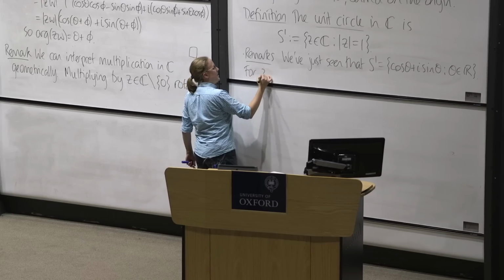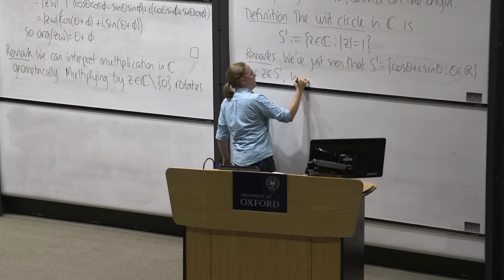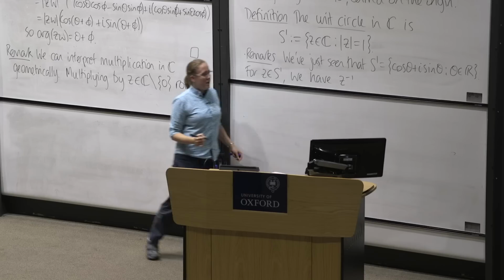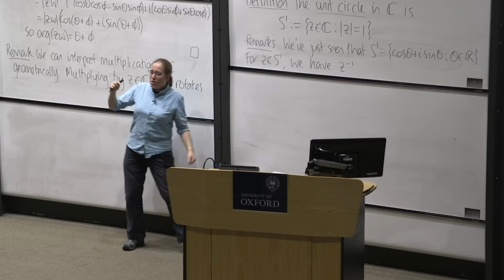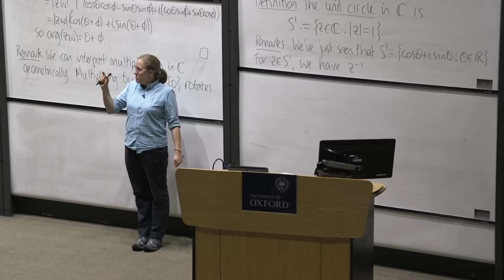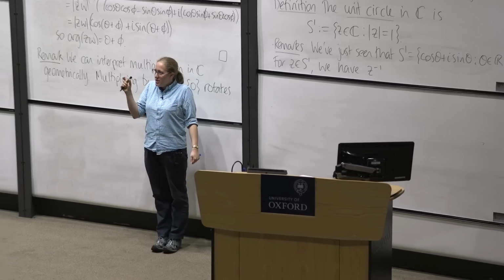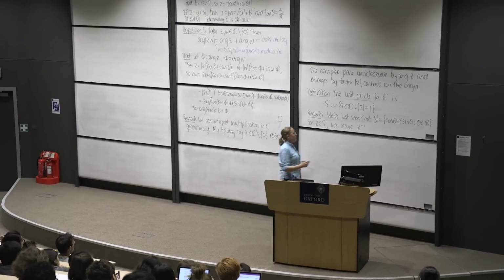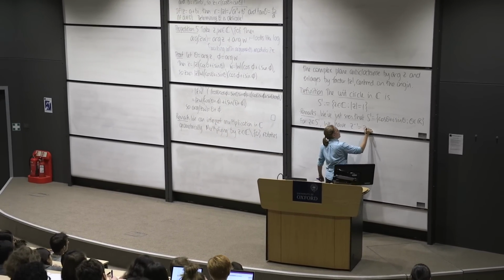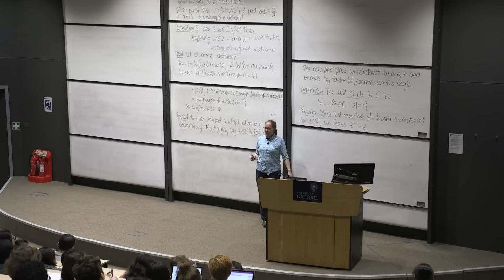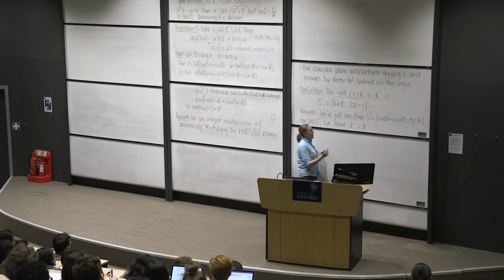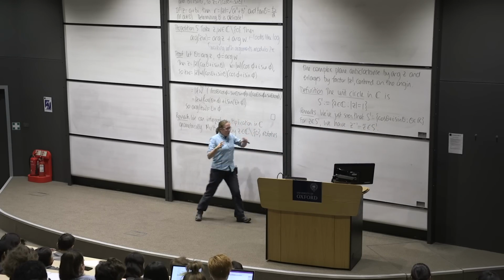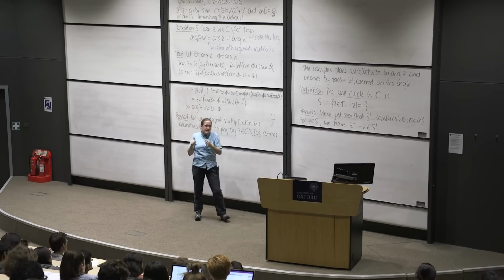So if I take z in S1, what is the inverse of z? Well, we know that z times z bar is the modulus of z squared. If you're in the unit circle, the modulus of z squared is 1, so z times z bar is 1 in this case. So the inverse of z is its complex conjugate. Cute, also useful. And this is also going to lie in the unit circle. So the unit circle has all sorts of nice structure within itself.